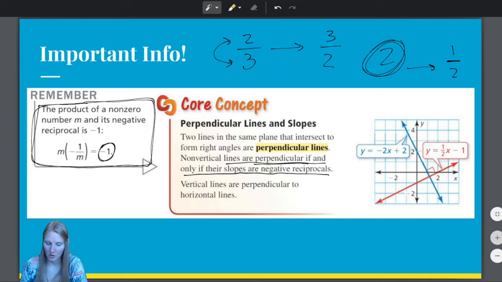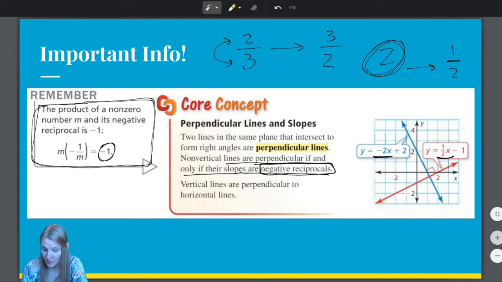Okay, so notice how in the diagram they give us, we have y equals -2x plus 2, and y equals 1/2 x minus 1. So lines are perpendicular if and only if their slopes are negative reciprocals.